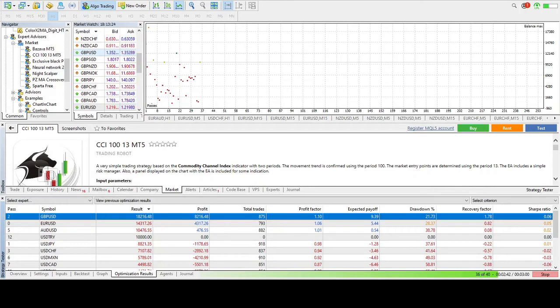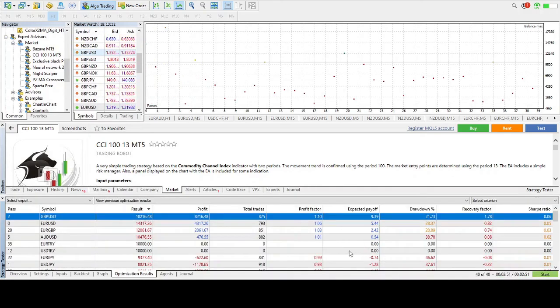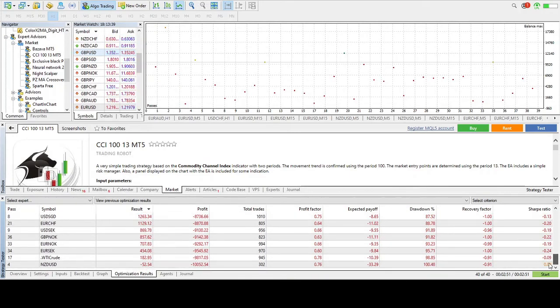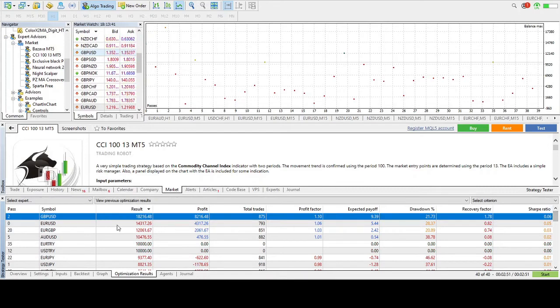And this one is almost complete here. 36 out of 40 symbols have been processed. Okay, there we go. Now look at that. Only 4 profitable. The rest are unprofitable. It gives me pause, it just doesn't look like a great one. This is only a $100 trading robot.